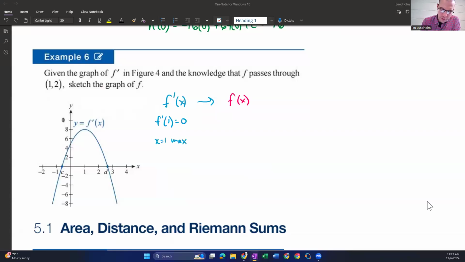Okay, so utilizing those pieces of information, what does that tell us about f of x? Well, no, that's not what I want. Sorry, I misspoke. X equals 1 is a maximum on that.